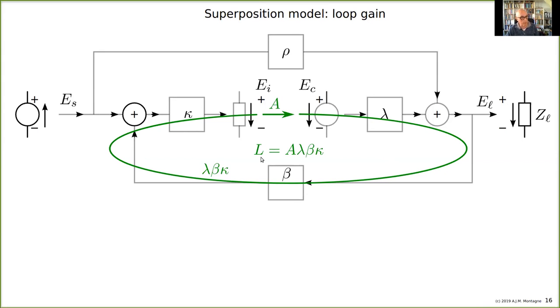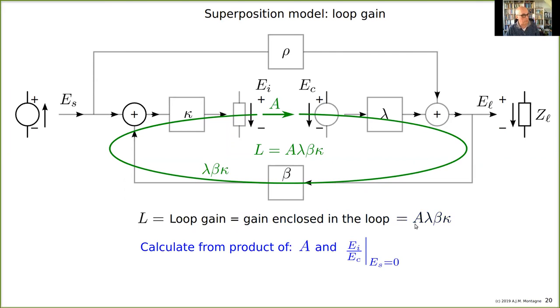We denote it by L to have more compact formulas. So L is loop gain, and it is the gain enclosed in a loop. People call it open loop gain, but you see the loop is closed. So it is the gain enclosed in the loop, and you calculate it by making the loop open.